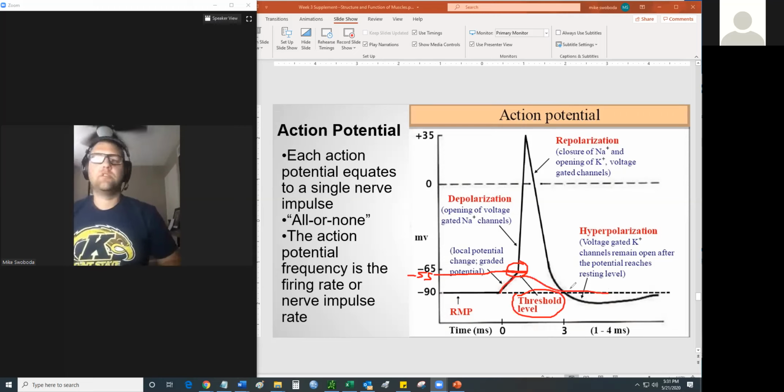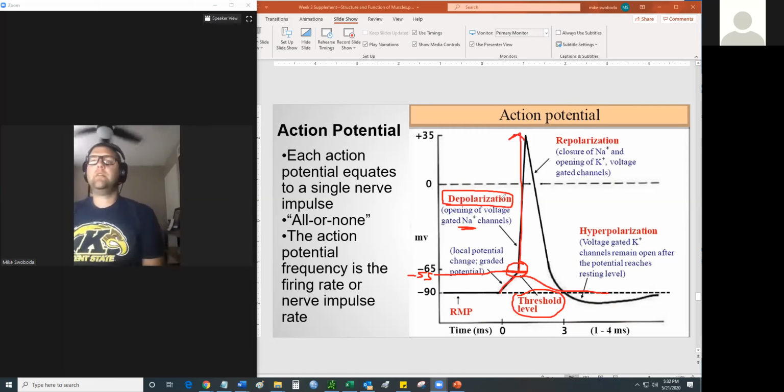So nothing would happen. Once you reach that threshold level, now you go through this phase called depolarization. When the nerve depolarizes, you actually get sodium channels to open. So what happens here is you get a very, very rapid rise in the overall electricity of the nerve.